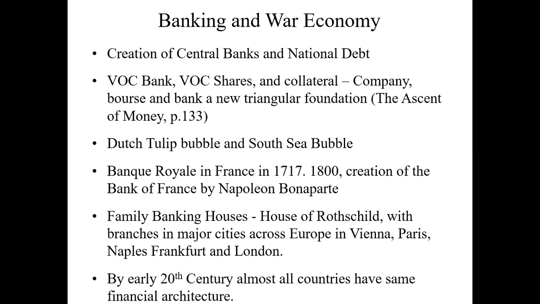But what happens is, during the course of the 18th and of course the 19th century, the Rothschilds were considered the most powerful banking entity. And a lot of that also goes back in part to certain decisions that were taken by the Rothschilds on the back of war.